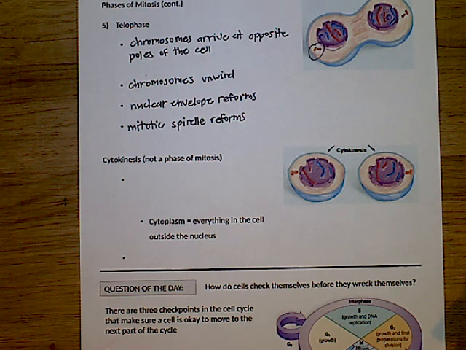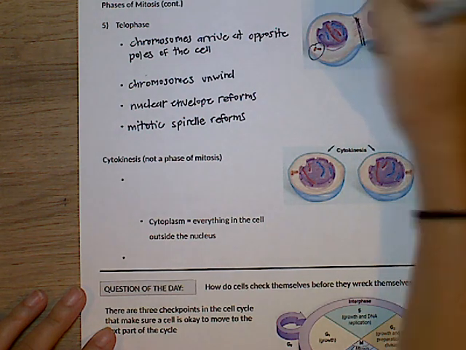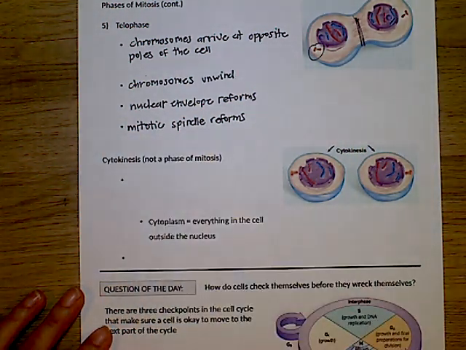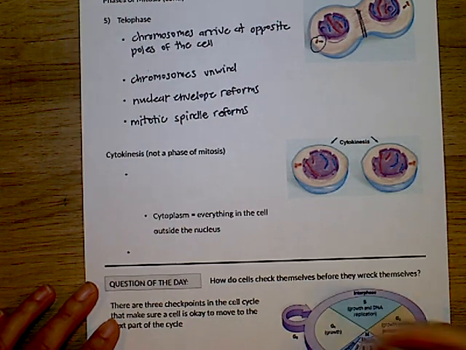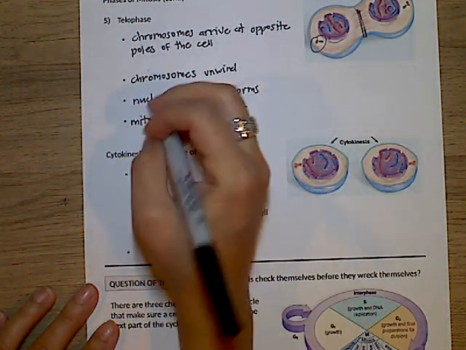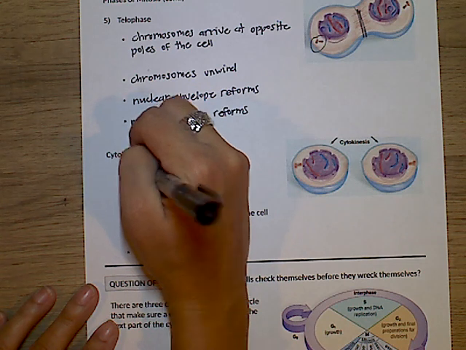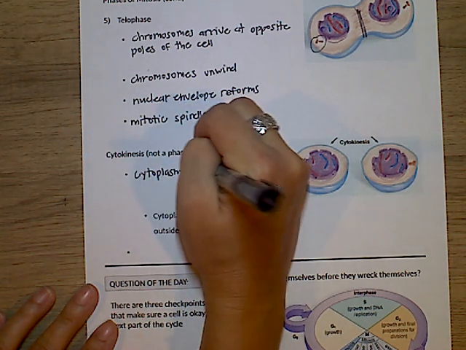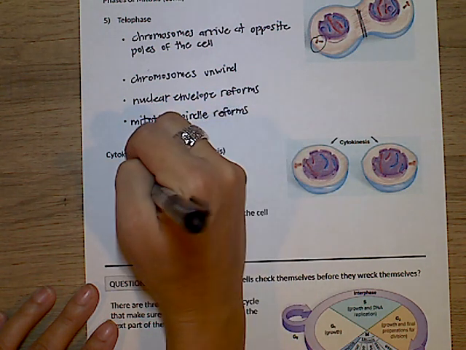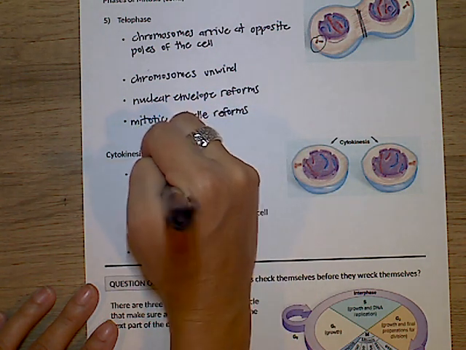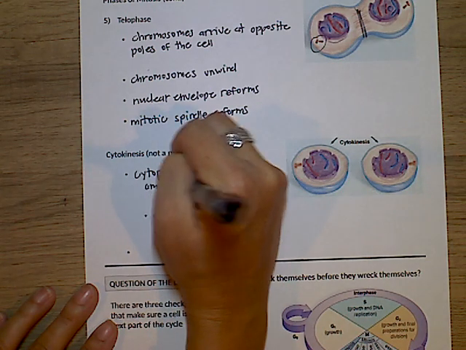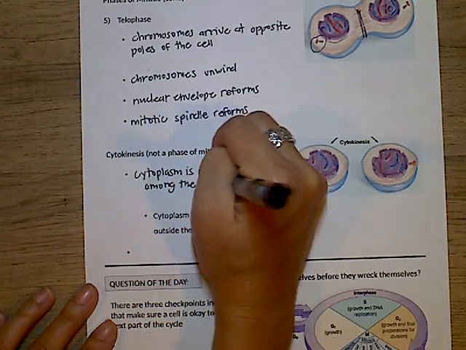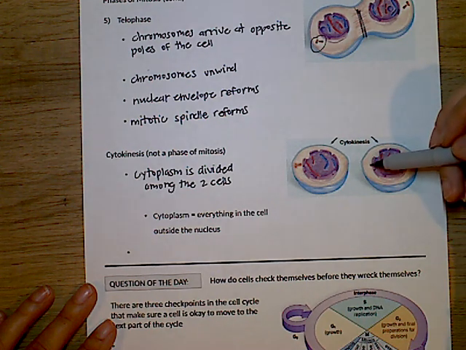So that's the end of mitosis, or the end of dividing the DNA. But we still have to split the rest of this up here, and that is cytokinesis. That's when the cytoplasm is divided among the two cells. So that's the rest of everything else.